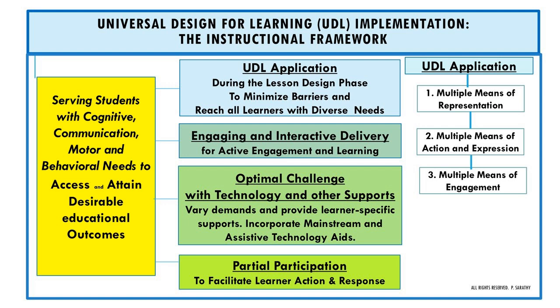So in the lesson design phase, we make sure we are providing multiple ways to present the information, multiple ways of representing the concepts. We also need to think in terms of how we get that student to respond, especially if the student is not using words to communicate or has very limited vocabulary. How do we make sure the student responds to the concepts being taught?